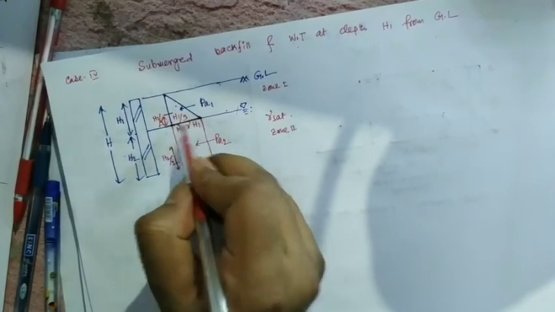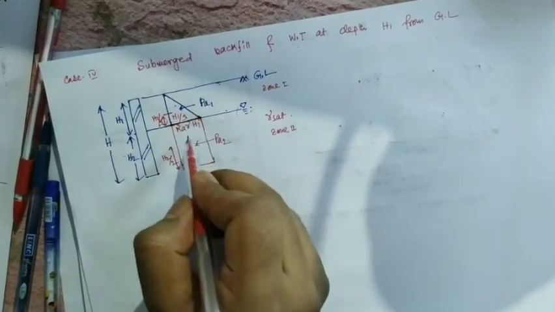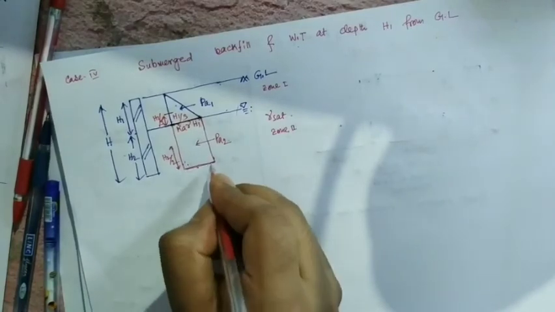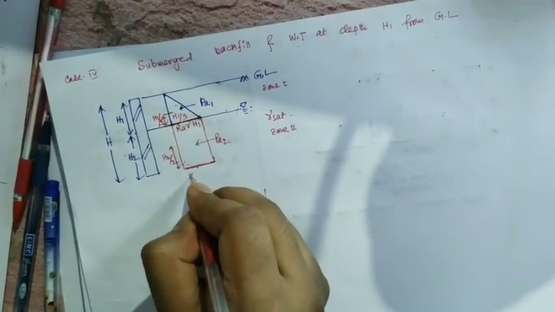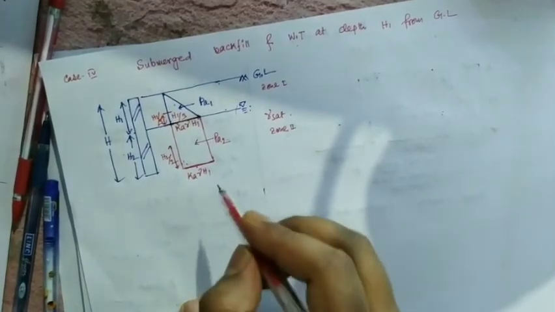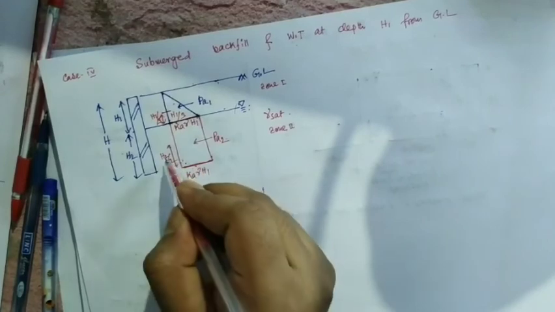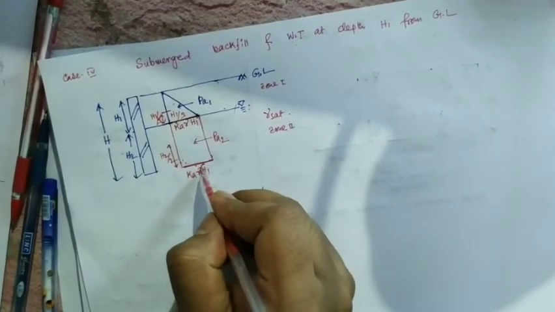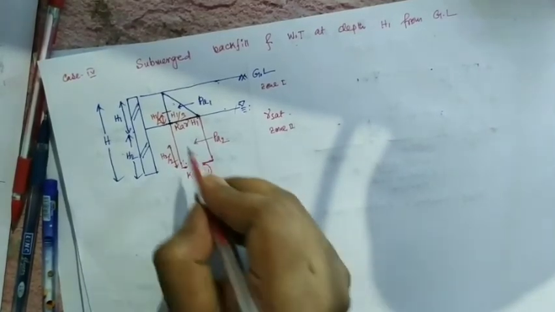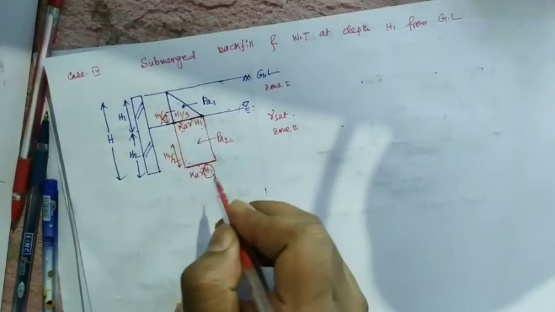This pressure behaves like a surcharge when it goes through zone 2, so the pressure will be the same, Ka gamma h1. Very important point here: mind it, it will not be h2, because it is a surcharge value. So it will be the same as it was.